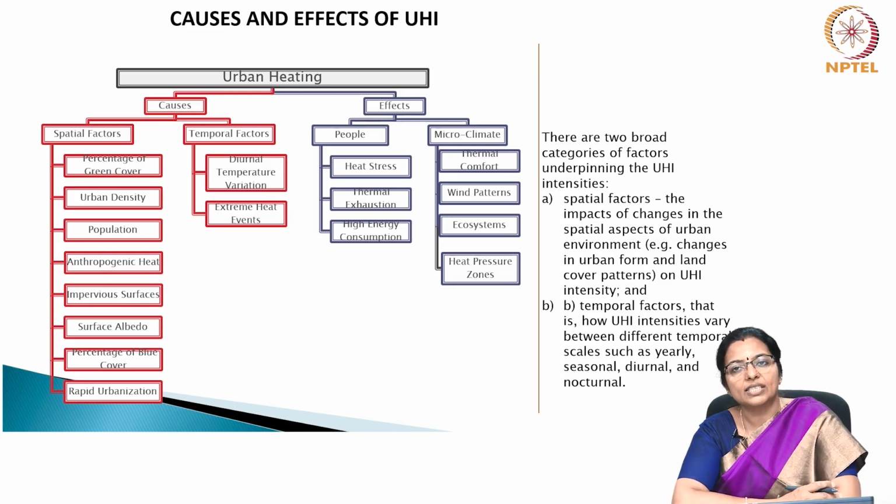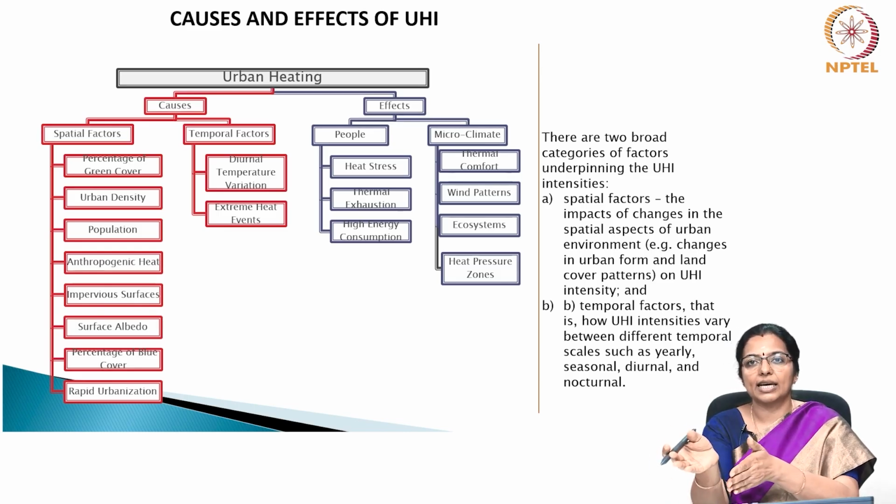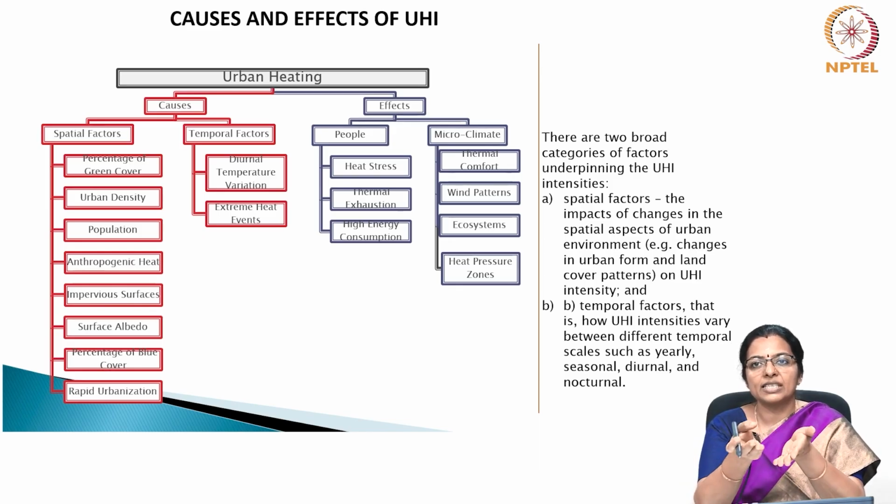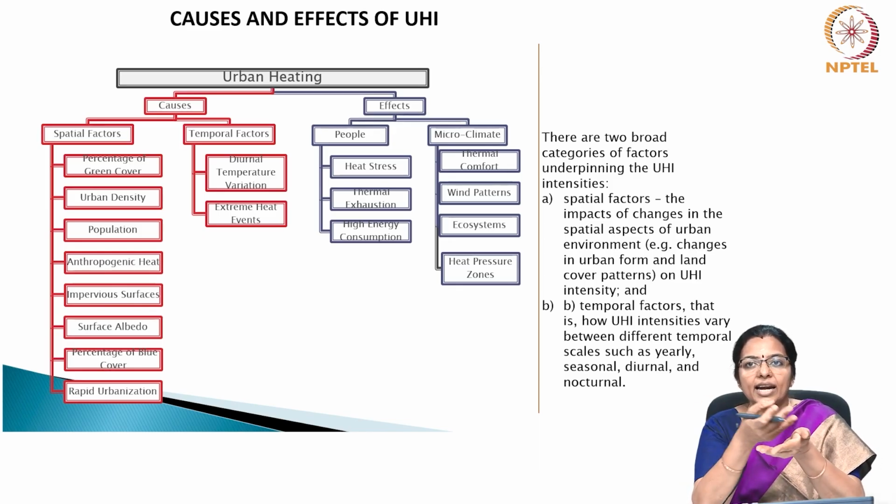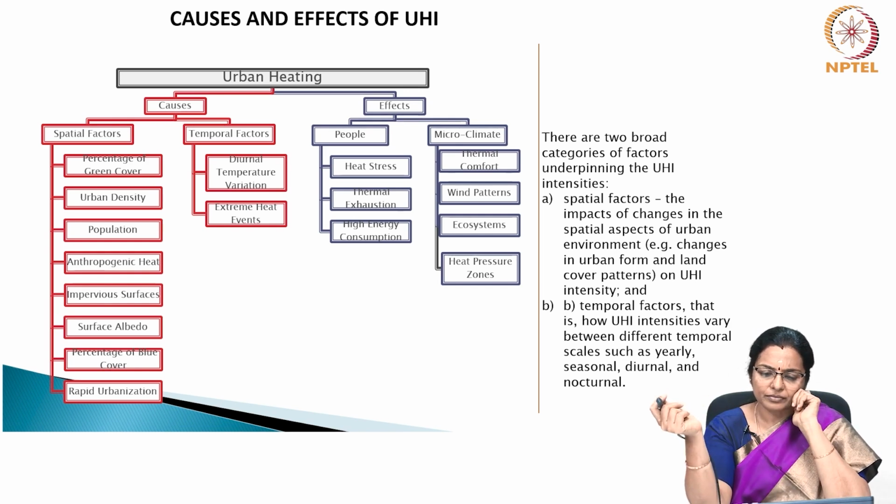And the second one is the temporal factor. That is, how urban heat intensities vary between different temporal scales, like say between years or between two seasons or between a day and night and so on.